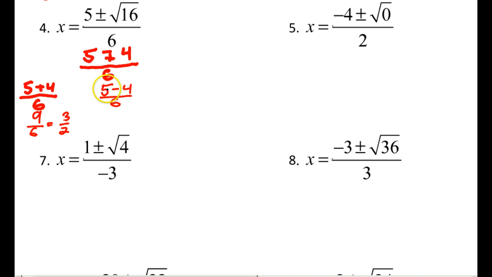And 5 minus 4 is 1 over 6. So we get answers of 3 over 2 and 1 over 6. So fractions are okay. If you get fractions, just reduce them.